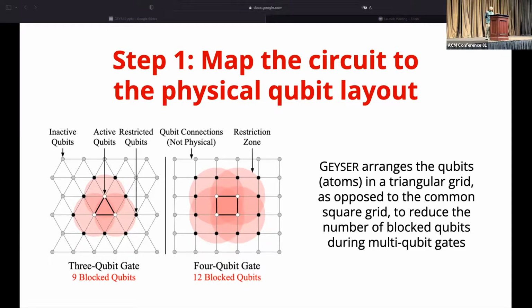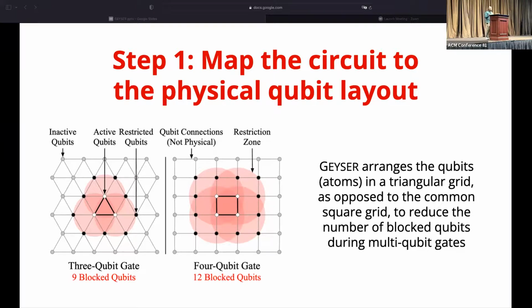In the square grid, if we want to apply multi-qubit operations, we would be able to do the CCCZ gate, which is 3 control qubits and 1 target qubit, but then it would block out 12 qubits from the radius around it. Whereas with a triangular grid, we would be able to apply the CCZ gate, but it would only block out 9 qubits around it.